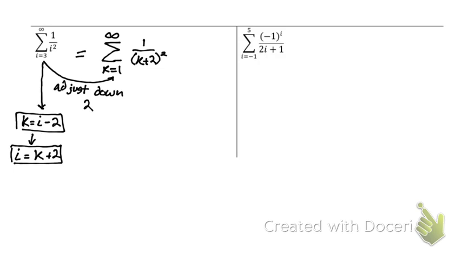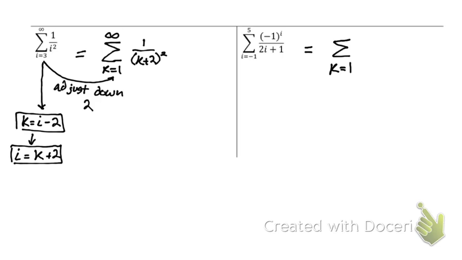All right, the last one. What it's going to look like on the end is I'm going to have to make this k equals 1. I am going up by 2, so that means that my i's are both going to go down 2. So really it's going to become k minus 2.